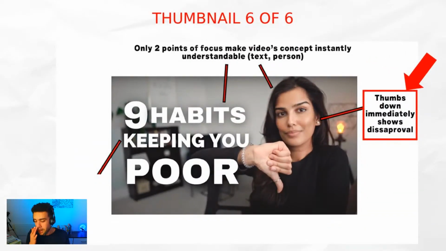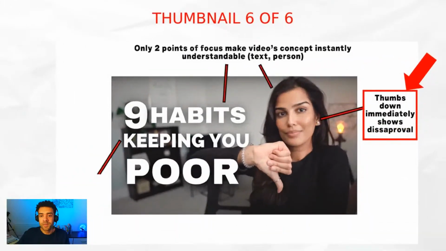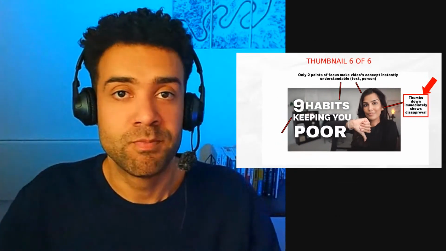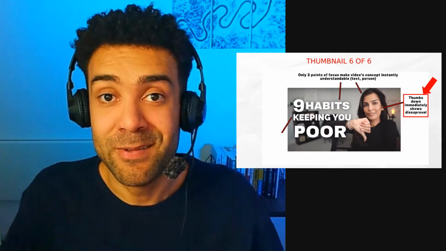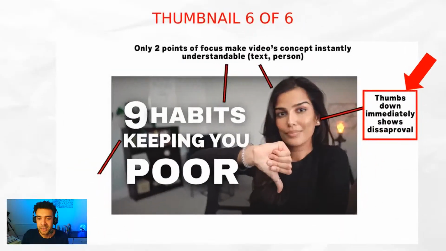So by seeing that she disapproves of something and there's a negative in this video, we want to watch it so that we know what the negatives are for us to avoid ourselves. So really powerful symbolism there, the thumbs down, and it just shows us straight away that there's negatives in this video for us to avoid. So if you're going to use this template yourself to create a hopefully viral video, make sure to get the thumbs down in the thumbnail.